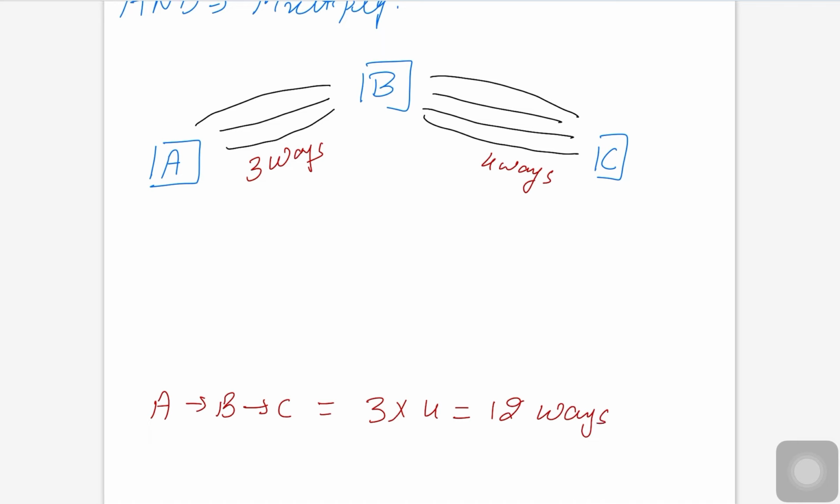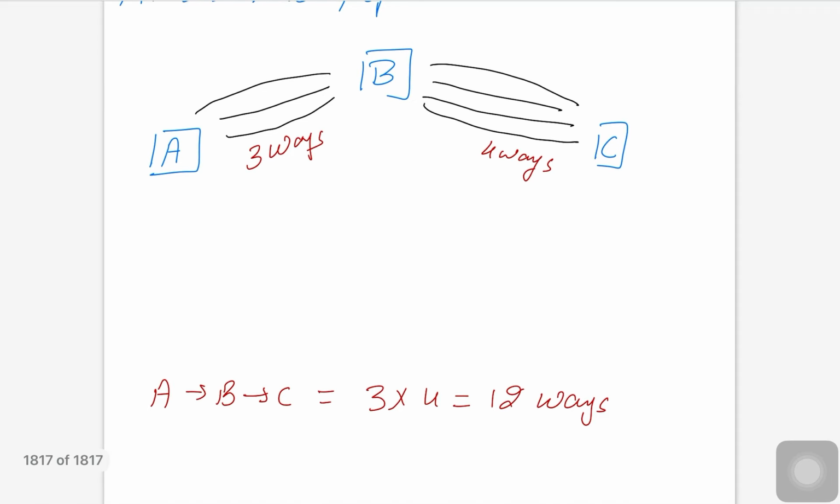What does 12 ways mean? One of the ways could be this, another could be this, the next one is this, and likewise 4 ways for each. So there are a total of 12 ways in which I can reach from A to C.